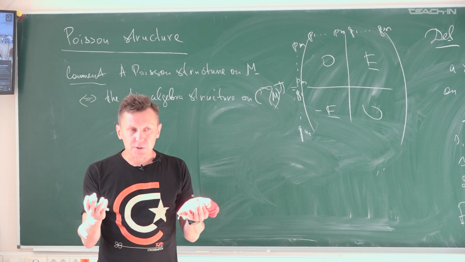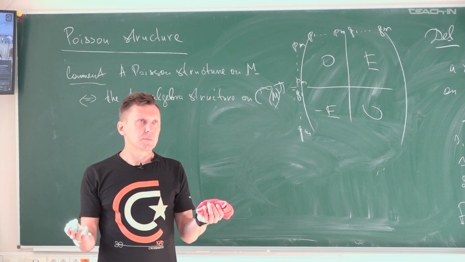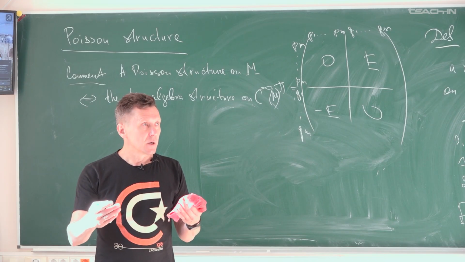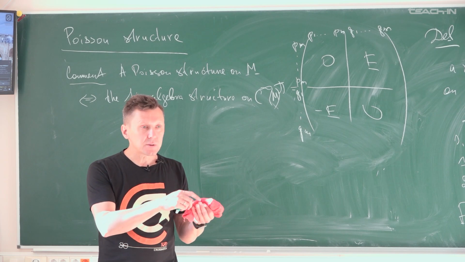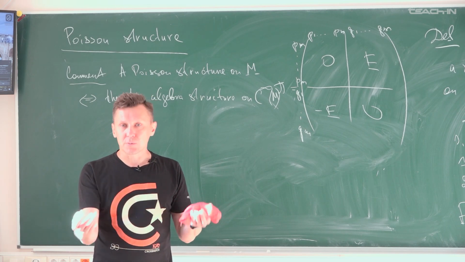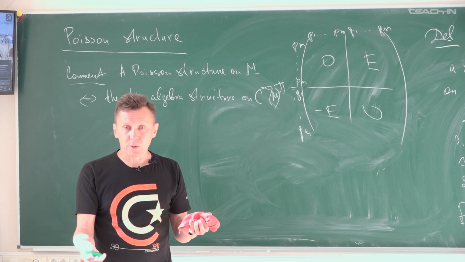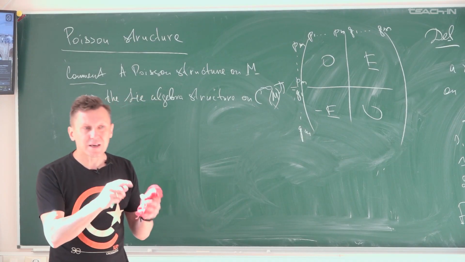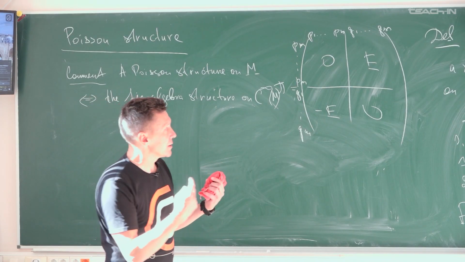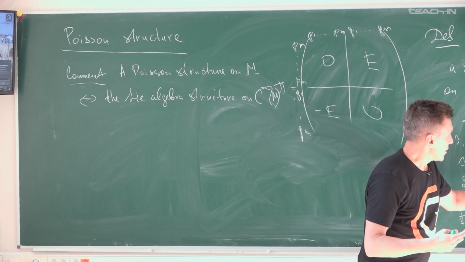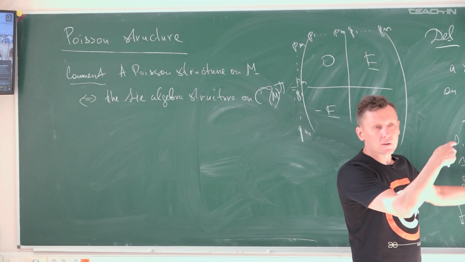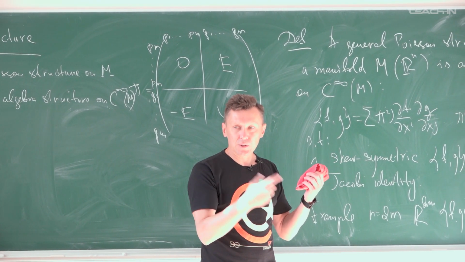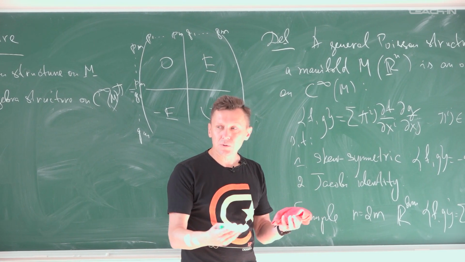So there are two structures, and it is very important when we quantize the classical phase space. Both these structures become part of the non-commutative multiplication on the space of quantum observables on the same space. You see, they are very coherent. They are related, not by the Jacobi identity, but by the Leibniz rule. The relation between these two structures is the Leibniz rule, and it is very important to construct a quantization.